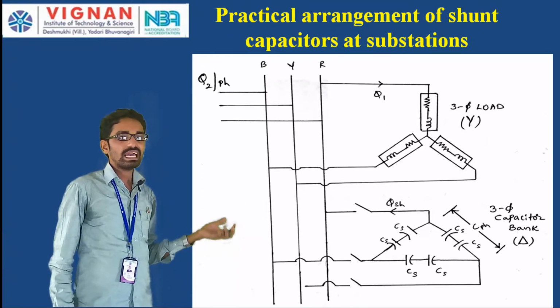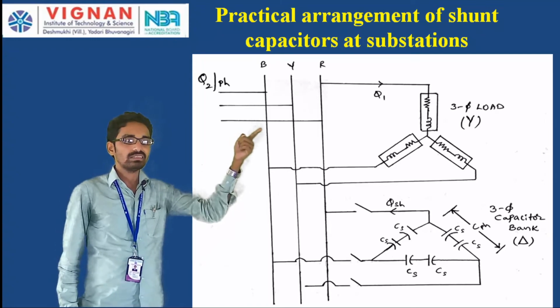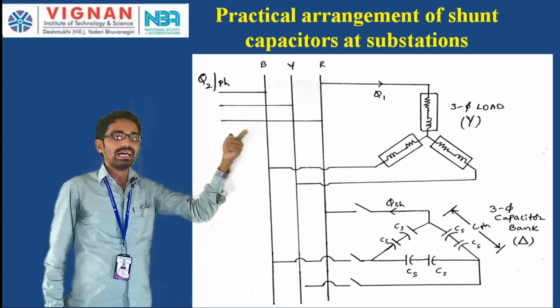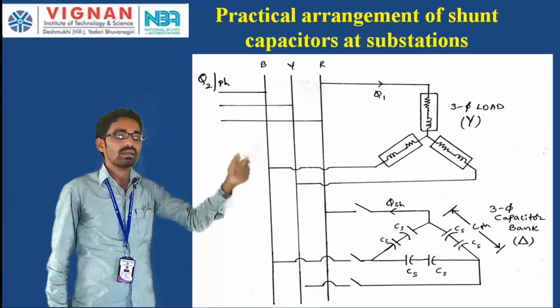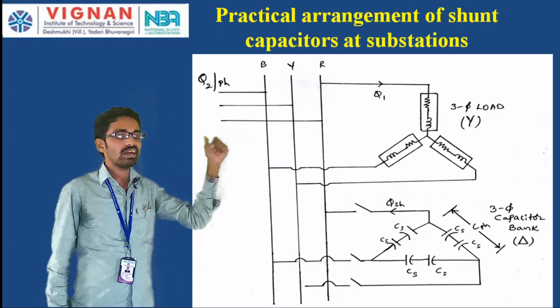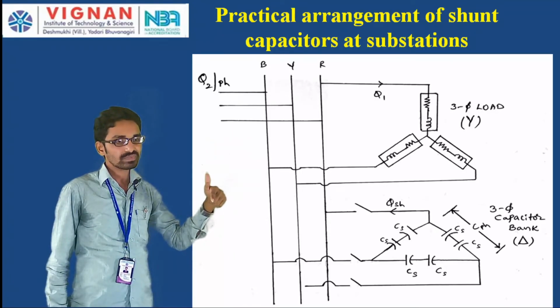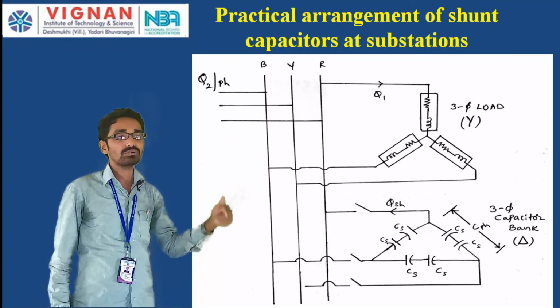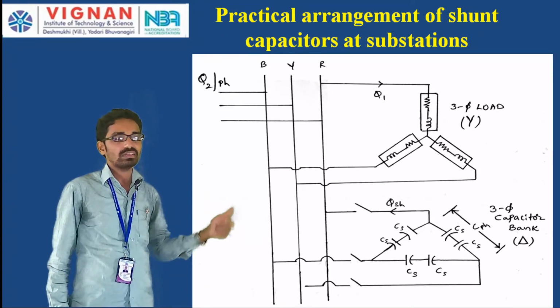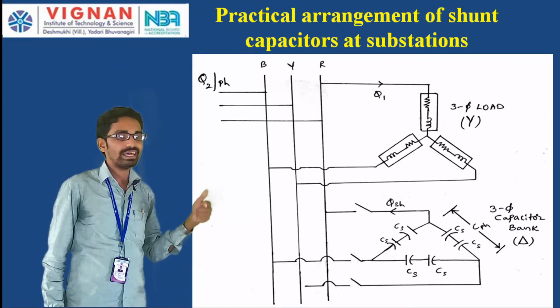Whenever the reactive power demand increases, here the reactive power demand is Q1, but the generator is not able to supply the reactive power, you need to switch on this capacitor bank in order to supply it. That capacitor bank will supply the reactive power, that is QCSH.